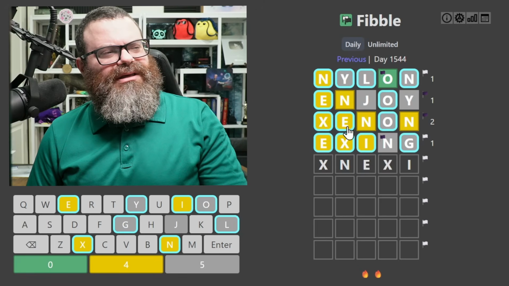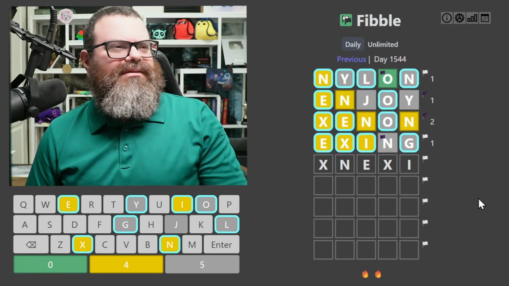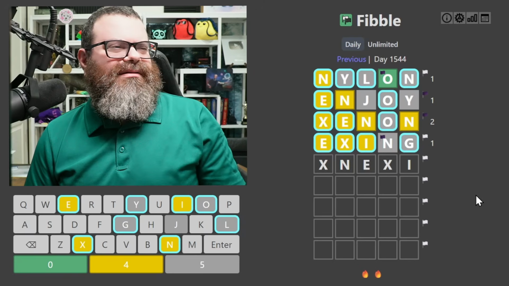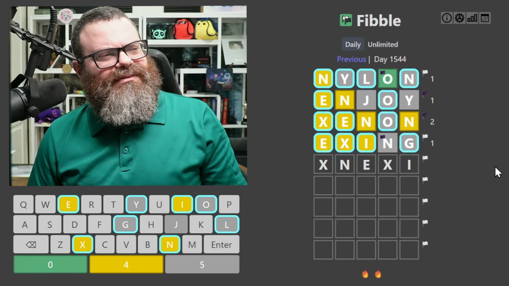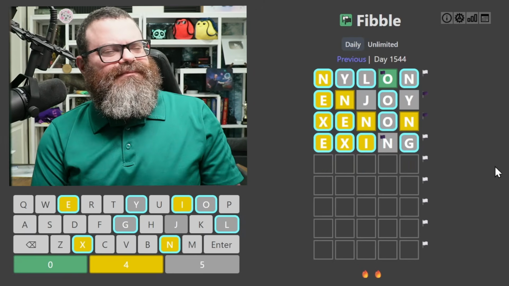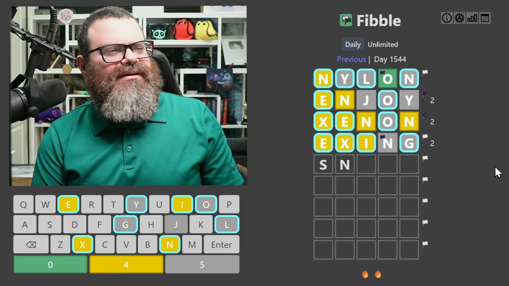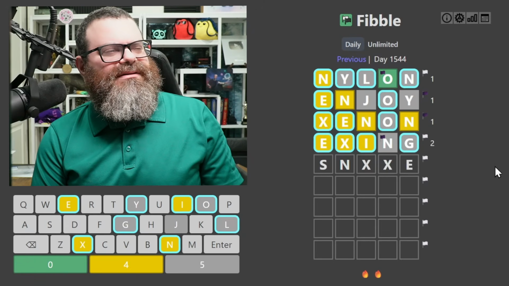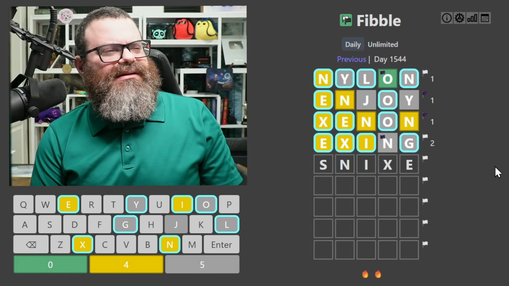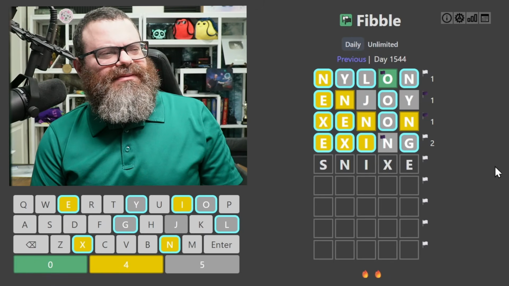X yellow, E yellow, N yellow. One of the N's would be gray. Confused. I don't think that's a word anyway. I want to use the N here. Maybe it's like an SN. E at the end. I need the I. SNI, but we need the X. Shoot.